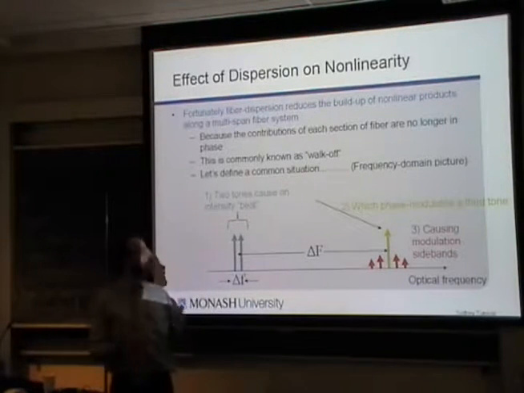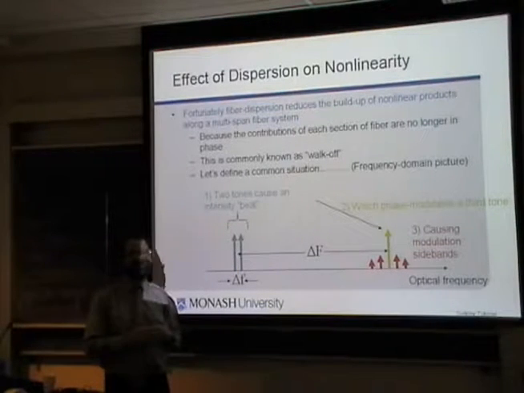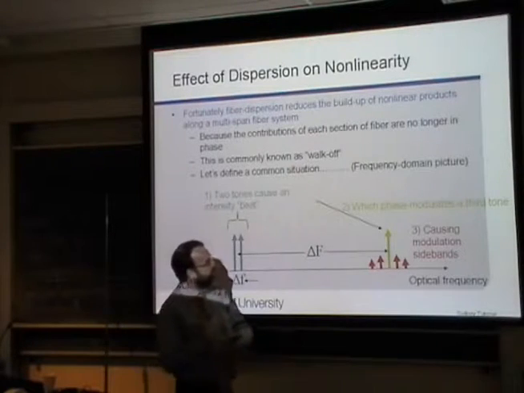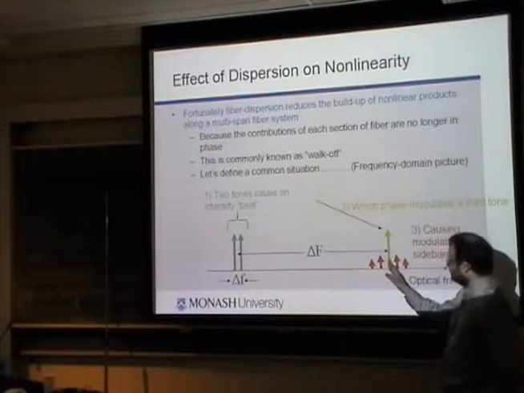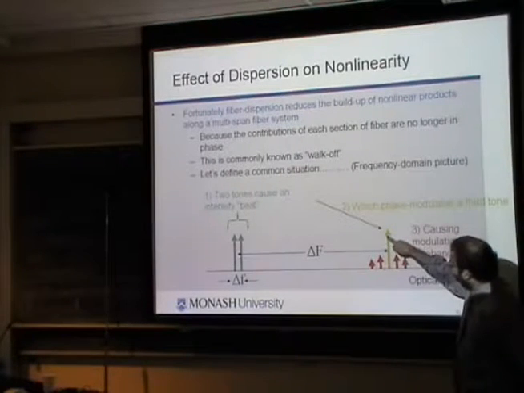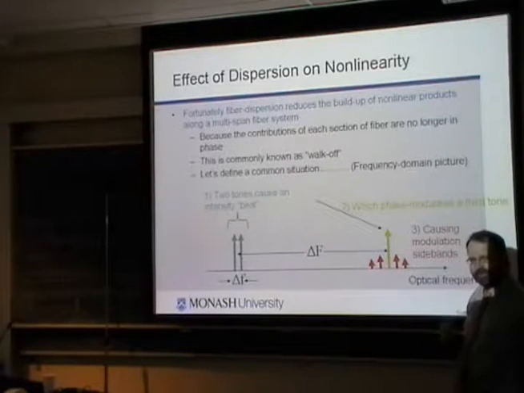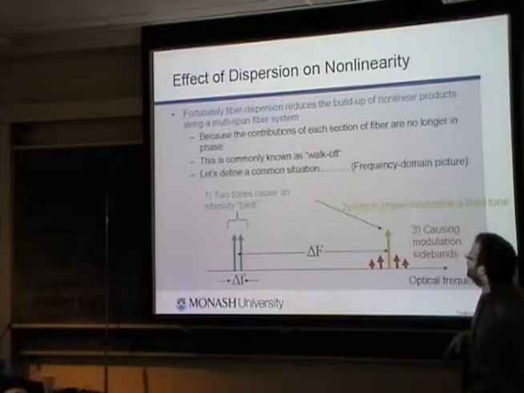So two tones cause a beat. That beat in intensity, by the Kerr effect, causes a phase modulation. And so if you have another tone anywhere else, it will be phase modulated, which causes it to have sidebands. A modulated carrier gets sidebands. That's the communications thing.